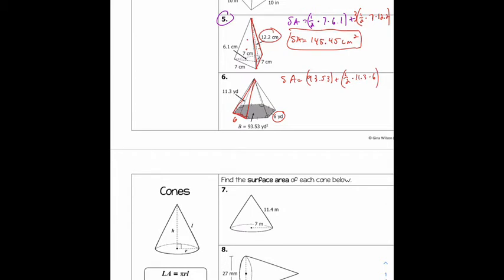Since this is a 1, 2, 3, 4, 5, 6 sided shape, there's going to be 6 faces. You can check to see, but that should work out. Okay, so our answer should be around 296.93 yards squared.